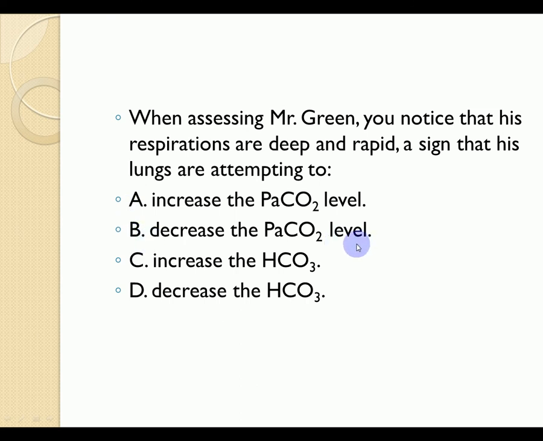When a patient experiences diabetic ketoacidosis, ketones and acids are spilling into the bloodstream. The respiratory system is going to be the one that has to compensate, remember, by trying to eliminate that excess acid. How are they going to do that? By increasing the respirations in depth and rapidness to decrease the carbon dioxide level. So remember, that's why Kussmaul's respirations occur.